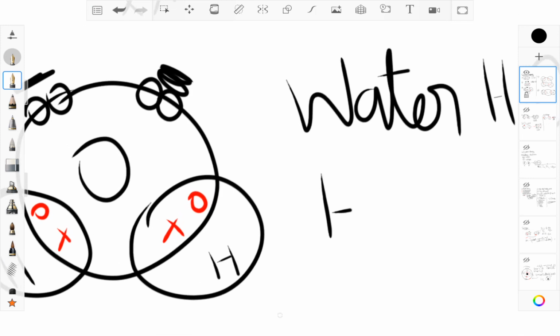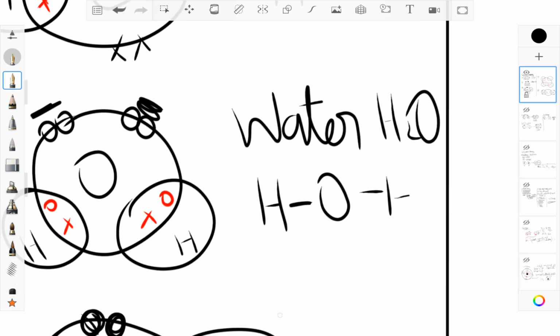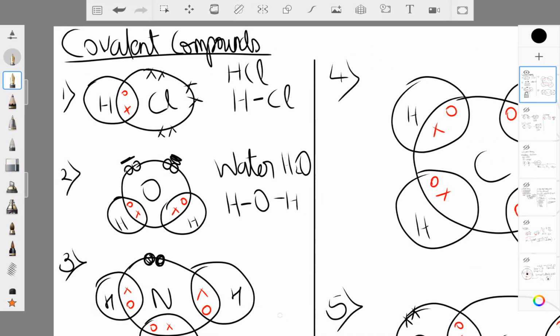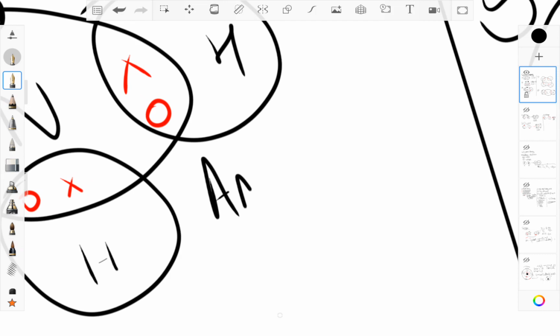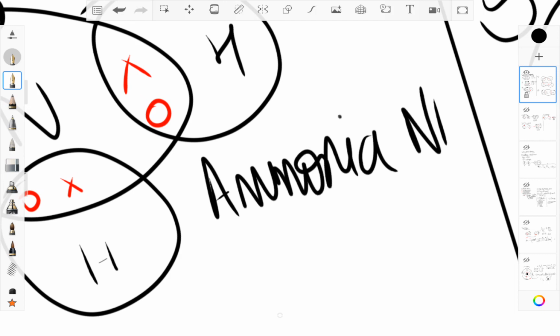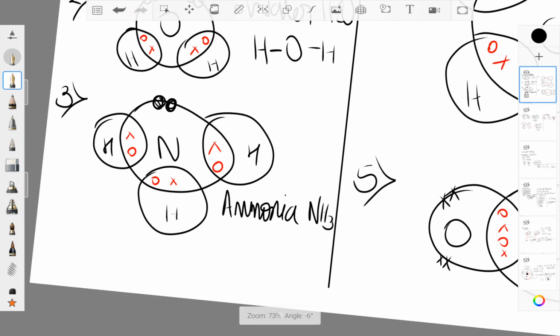And you can represent water like this, based on its structure. Now we come to ammonia, NH3. Ammonia, NH3. Again, notice the lone electron that is present on the nitrogen atom.